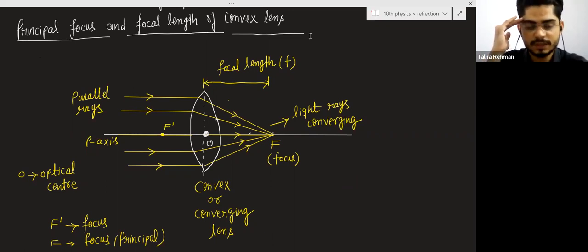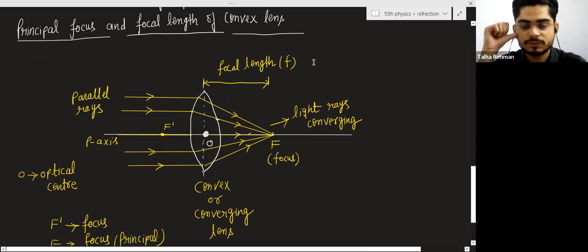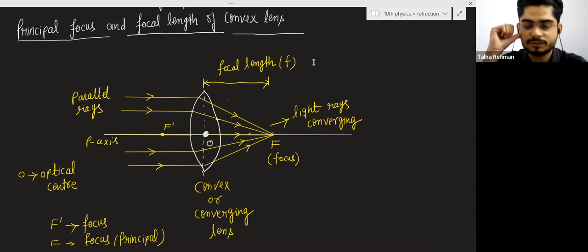So the focus is a point at which the parallel rays after refraction from the convex lens meet. Principal focus is a point at which the parallel rays after refraction, all the rays, are meeting.